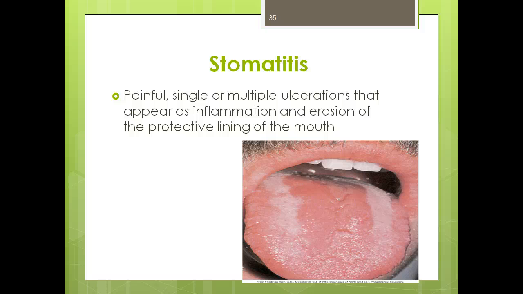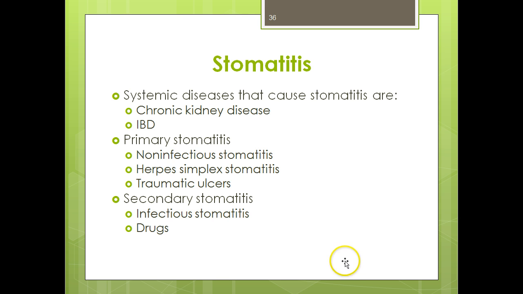Stomatitis is a painful single or multiple ulceration that appears as inflammation and erosion of the protective lining of the mouth, as you can see here. A lot of times you'll find people with stomatitis who have chronic kidney disease. They may have irritable bowel.